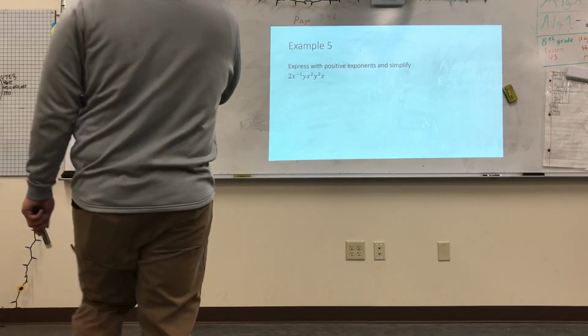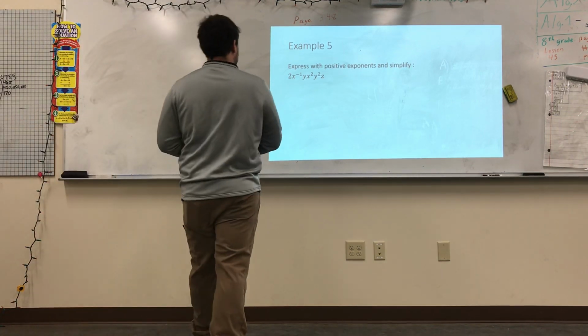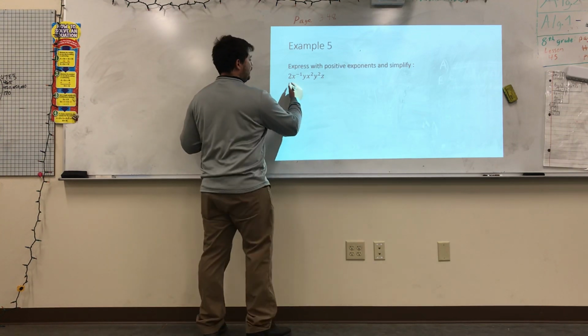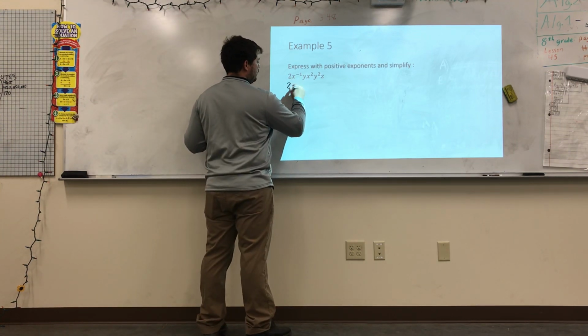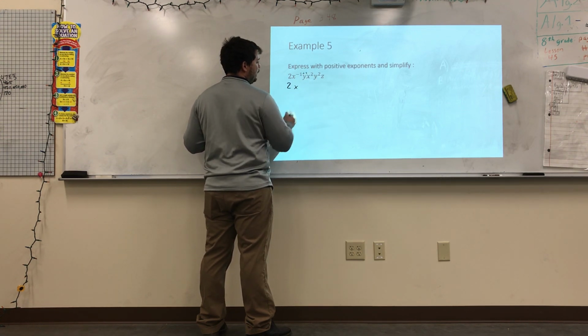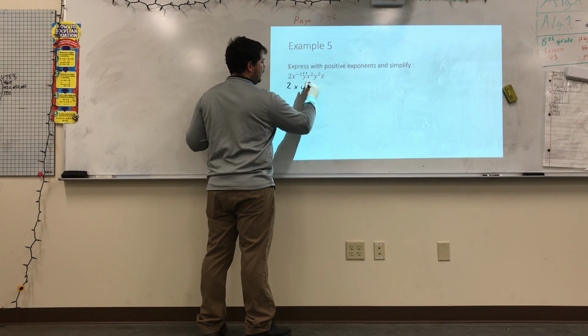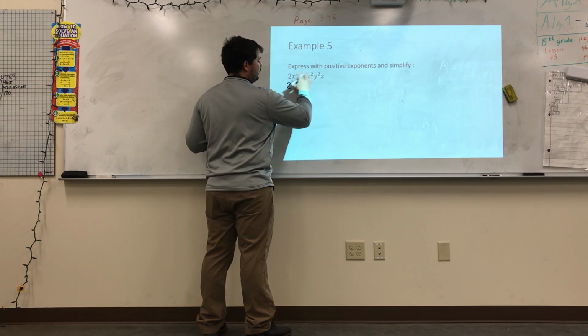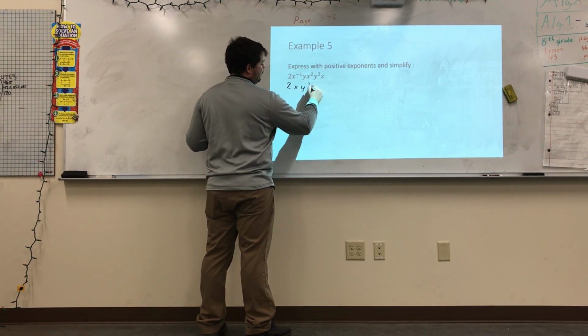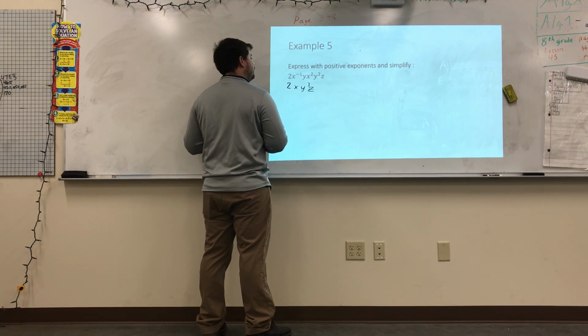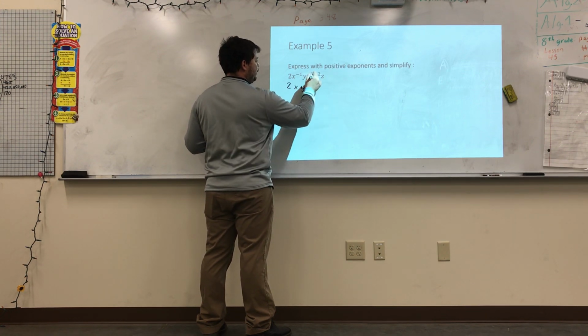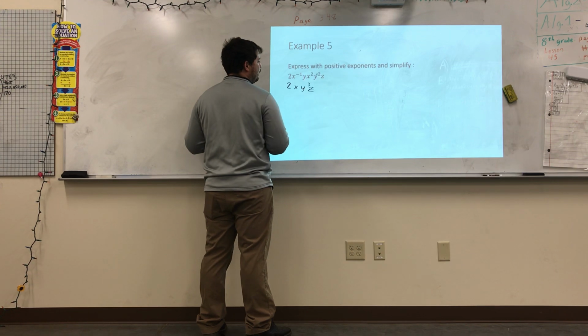Expressions with negative exponents. Combine my x's, I'm going to add. I'm going to be left with x. Combine my y's, I'm going to get y to the 3rd. Now, in your book, if I recall, this one I believe is negative.